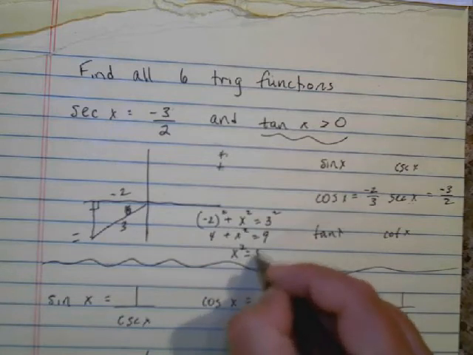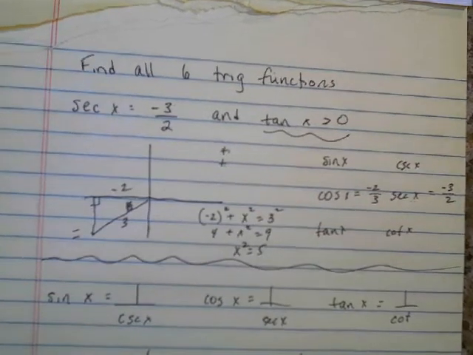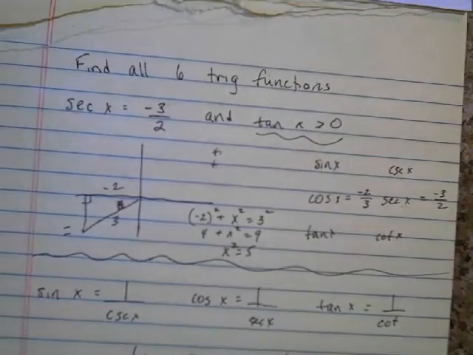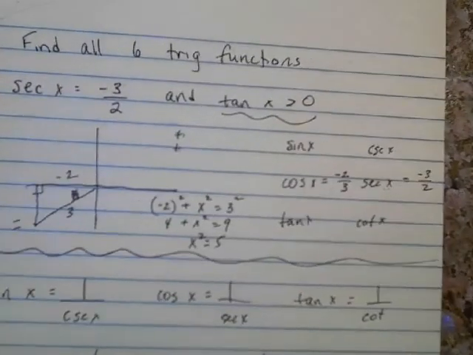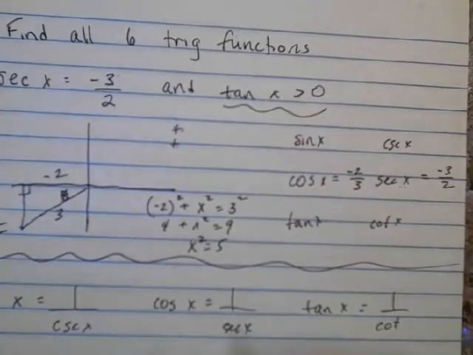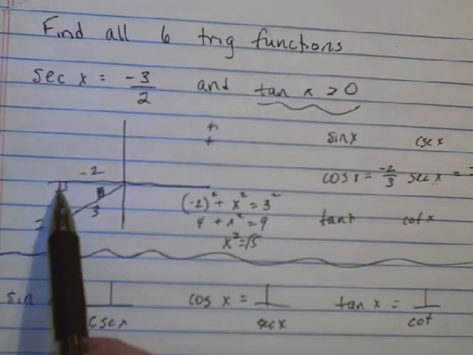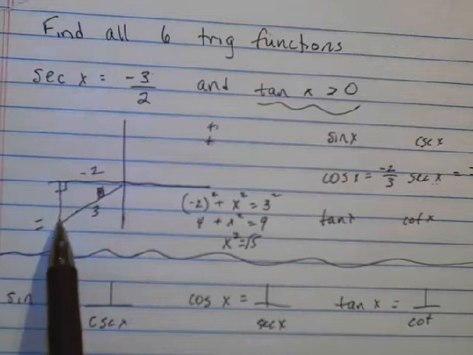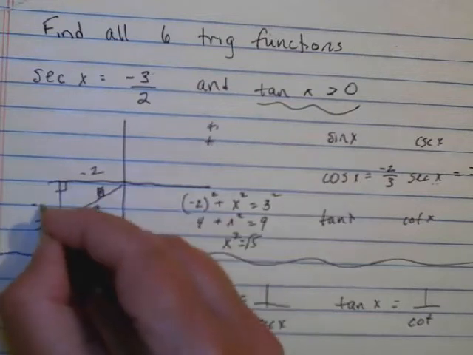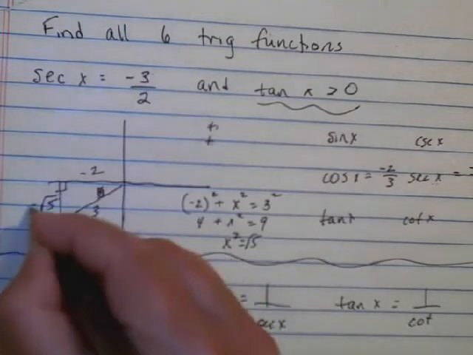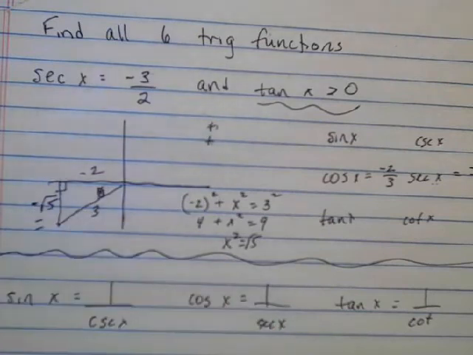So x squared equals 5. So x equals the square root of 5. And if I think about my triangle, since this was the x value, it's got to be negative square root of 5 because sine is negative in this quadrant.